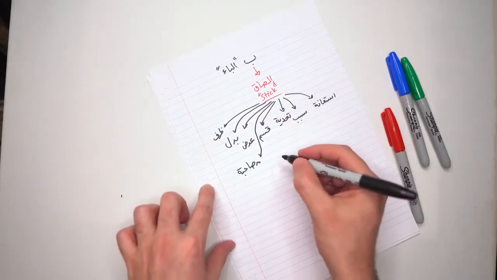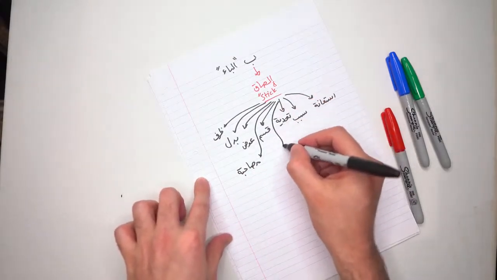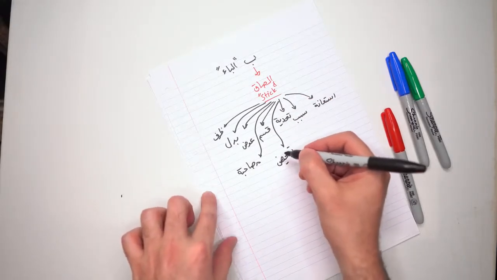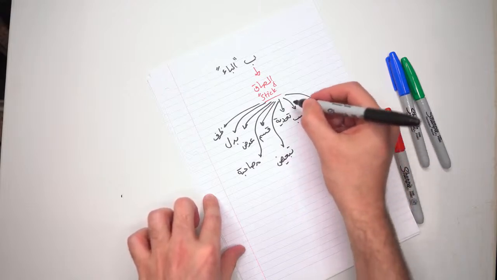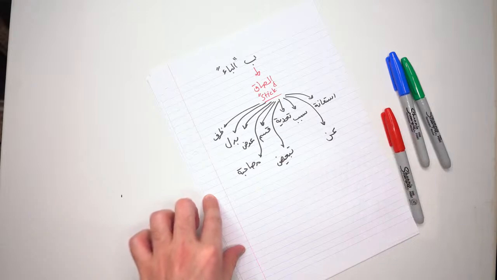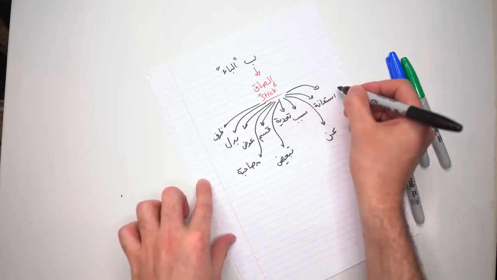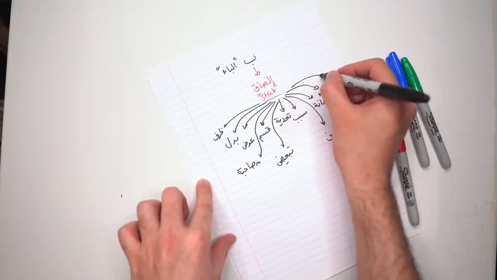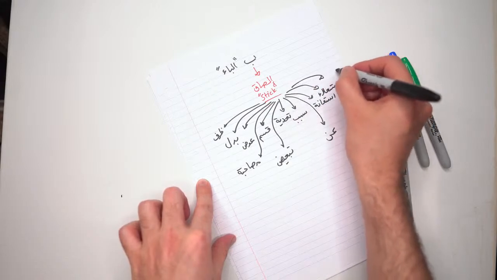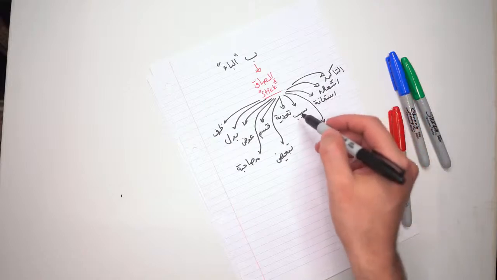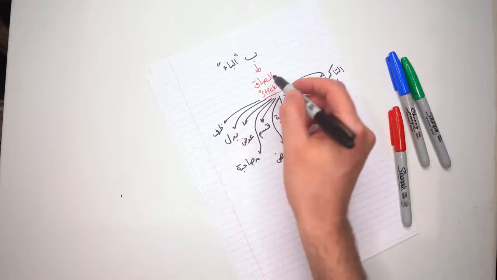Musahaba, you got also tab'eed, and you've got the meaning of an, and you also got isti'la, and you've got ta'keed. So 1, 2, 3, 4, 5, 6, 7, 8, 9, 10, 11, 12, 13.